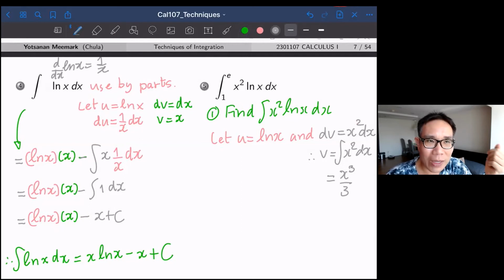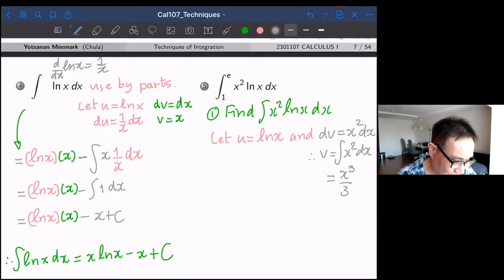However, if you have u be x squared log x, du turns out to be too complicated. But with u as log x, the power in v is larger, but if you compute du, it's going to be 1 over x dx, okay? And when we combine with du, it's going to turn out to be very nice.